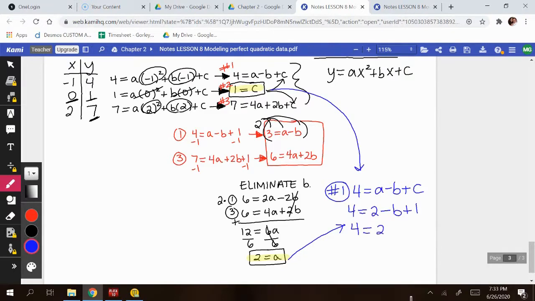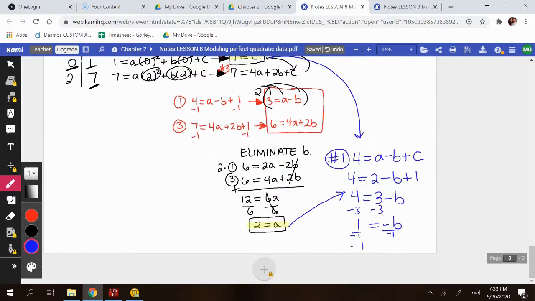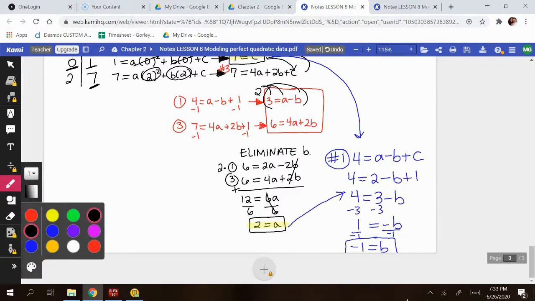4 equals, combining the 2 and the 1, we would get 3 minus b. Subtract 3 on both sides, we get 1 equals negative b. And if we divide both sides by negative 1, we're going to end up with negative 1 for b. Final show here.